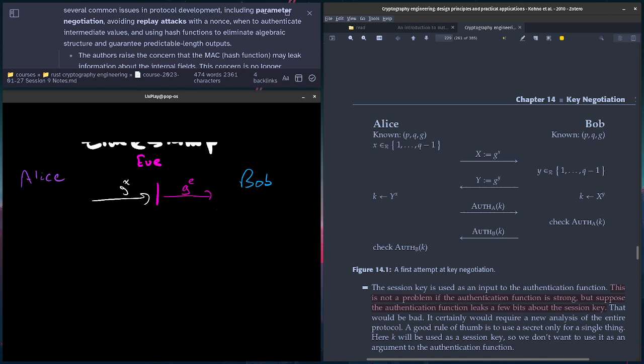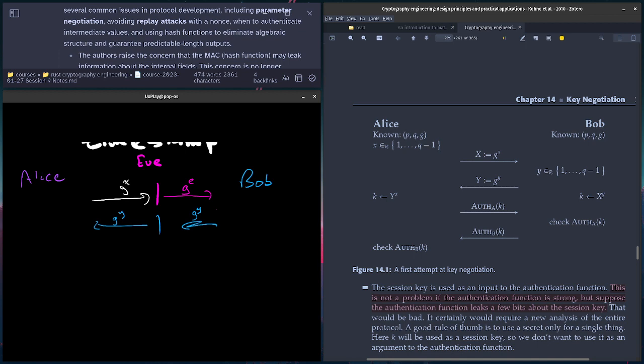All he knows is that he received some connection in this protocol, and he's going to respond back with his key G to the Y. I don't like their notation, but we'll continue doing it. And Eve's going to receive that. Maybe she just goes back and says, I'll send G to the Y back to Alice, so Alice knows. But Eve also knows, and Eve has now perfectly set up a man-in-the-middle attack.